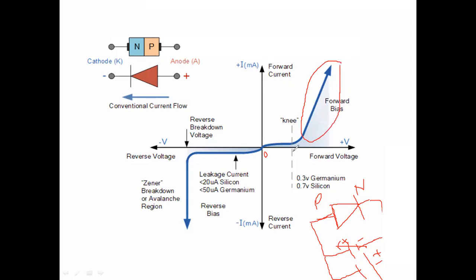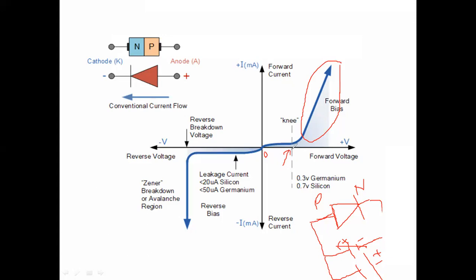Here we have one representation of the voltage, that is knee voltage or cut-in voltage. From this point of voltage, the current rises as the forward voltage increases.